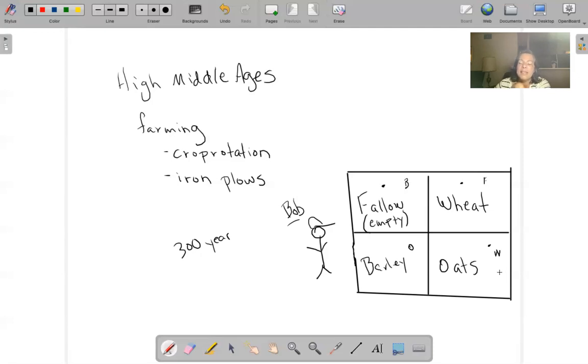And then the next year, this one's fallow, and this one's wheat, and this one's oats, and this one's barley. Do you see how I'm moving it around and around in a circle? It rotates like a clock. It's like magic. And the plants never get weaker and weaker. They stay strong year after year.